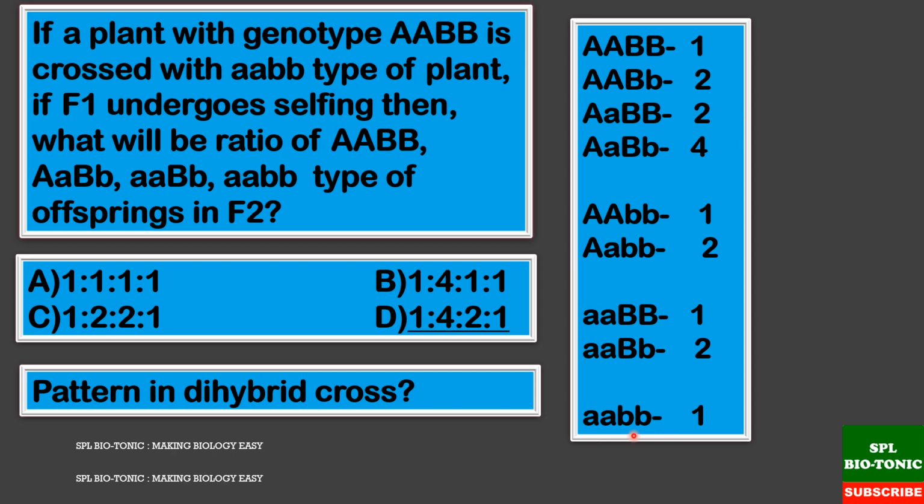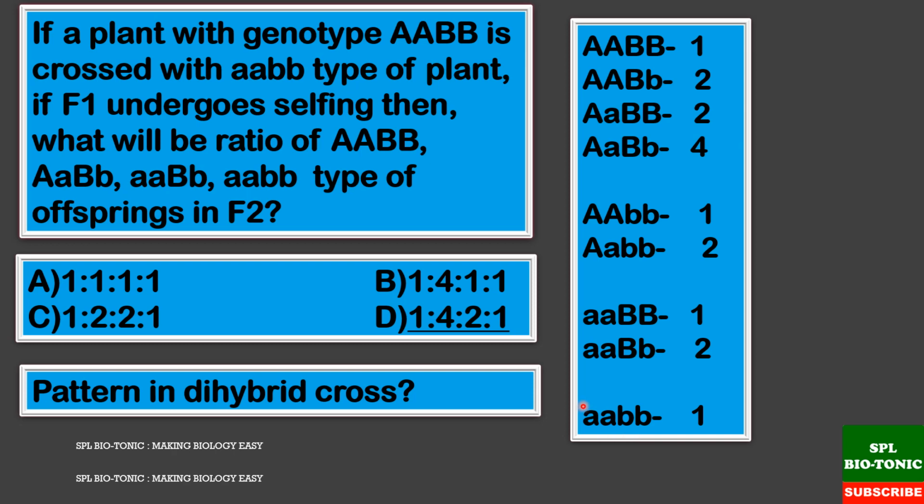Now students, once you understand this pattern: here both homozygous, then first homozygous, second heterozygous, first heterozygous, second homozygous, here both heterozygous. Now here homozygous dominant and homozygous recessive, heterozygous dominant and homozygous recessive, homozygous recessive and homozygous dominant, homozygous recessive and heterozygous dominant, and in the last case both are homozygous recessive.